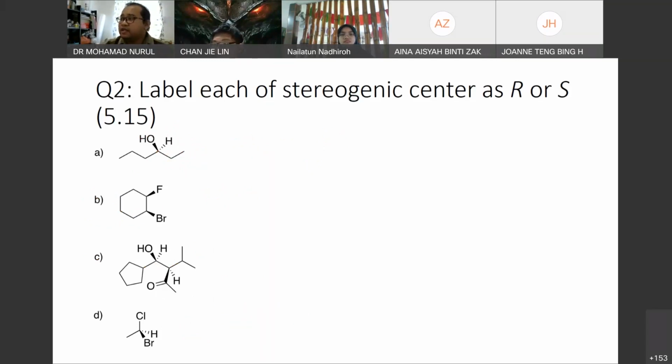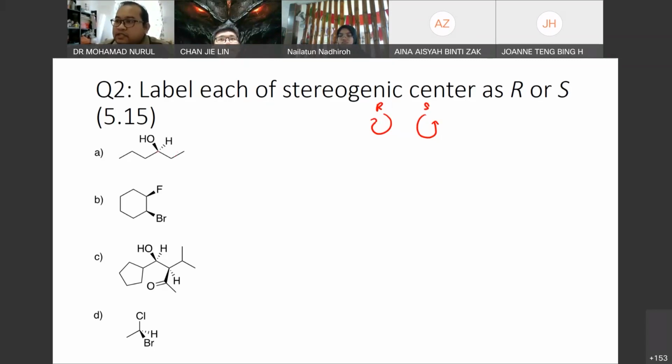Label each stereogenic center as R and S. Okay, 5.15 in your books. Just make a note. Like this is R. Like this is S. So for this one, find the stereogenic center.